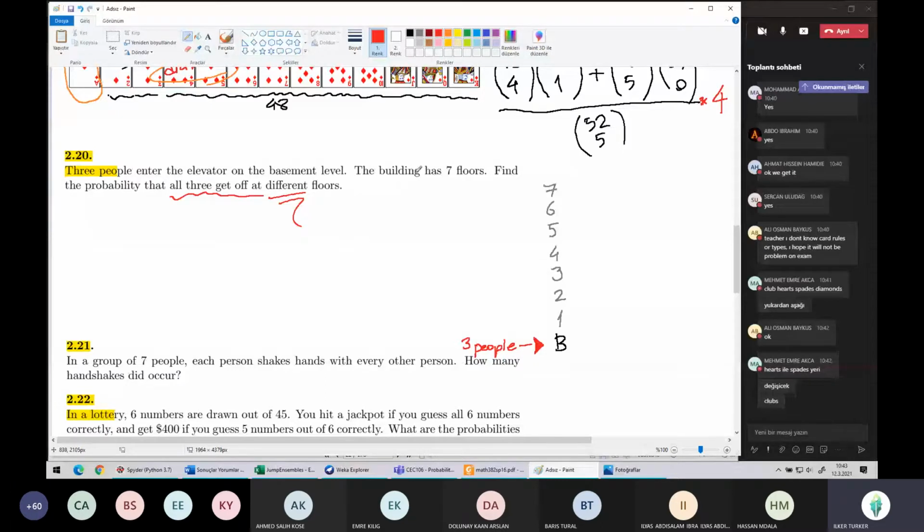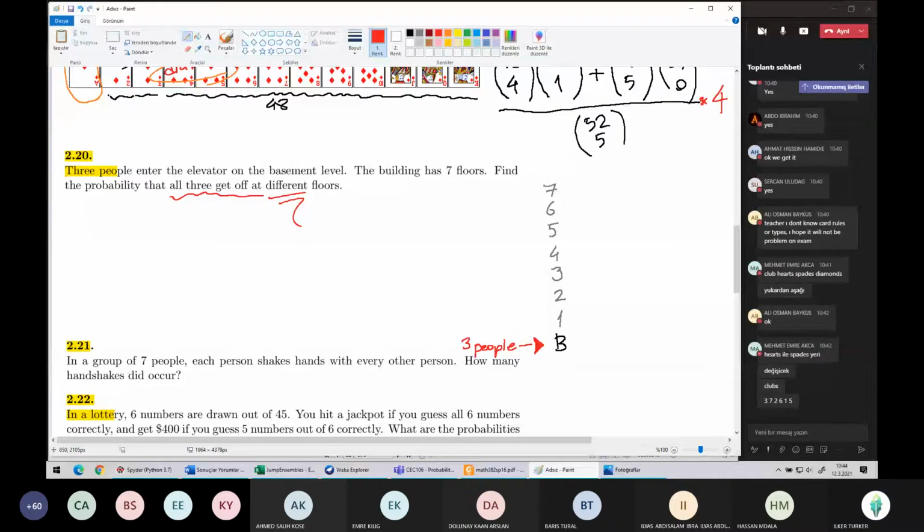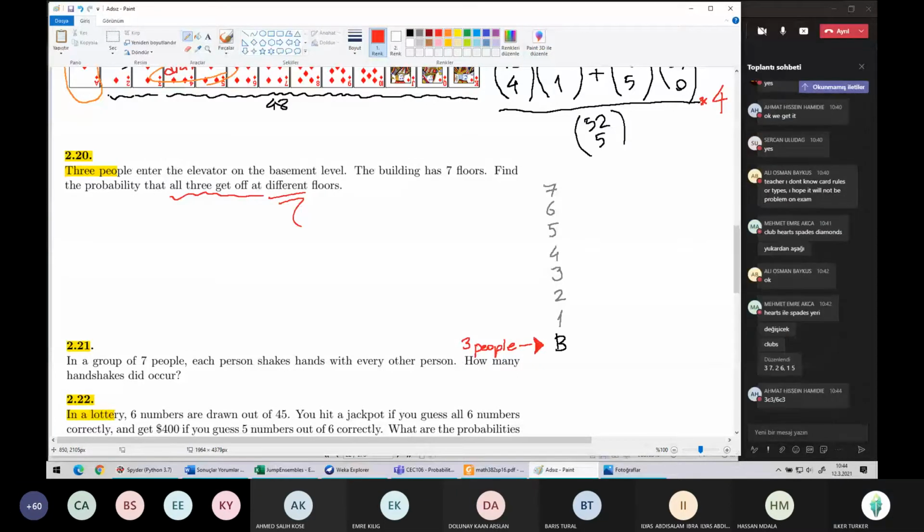Yes, what is your approach to solve this question? How should we solve it? You don't have to use combinations here.